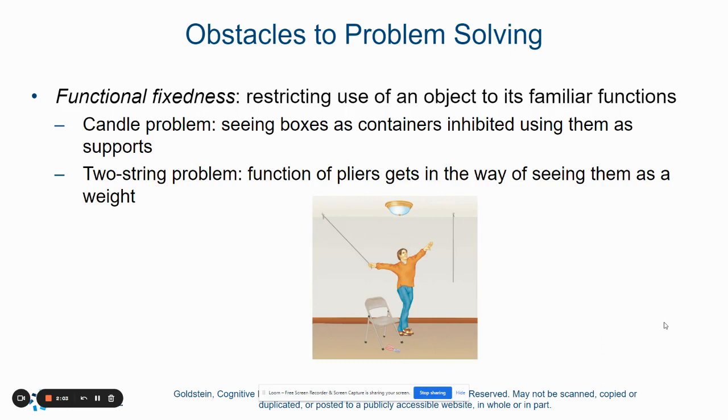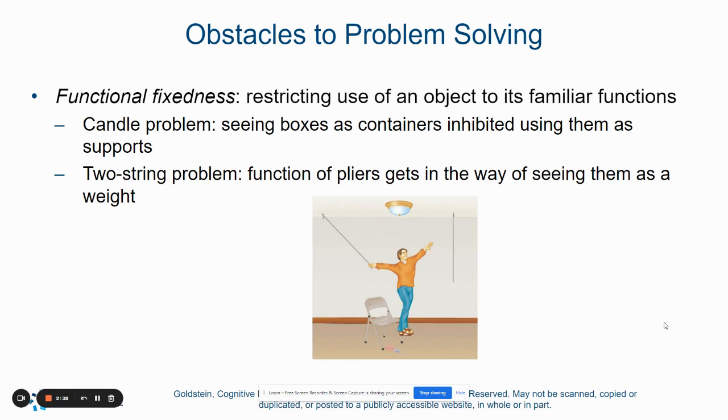We also can have some obstacles. One obstacle to solving problems is a term called functional fixedness. This is the idea that sometimes we get stuck in a certain mindset and we have difficulty viewing the problem in a different way. These are things like the candle problem and the two string problem. The candle problem is when we see boxes as containers, and we don't realize that boxes don't just have to be used as containers for things.